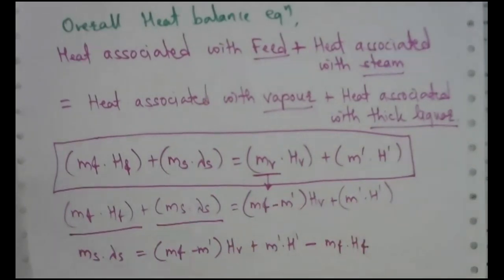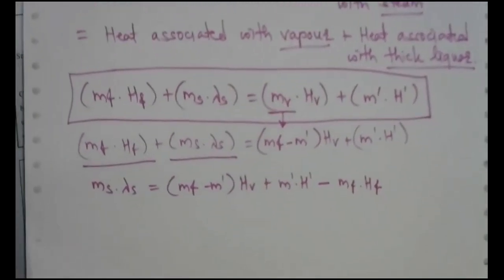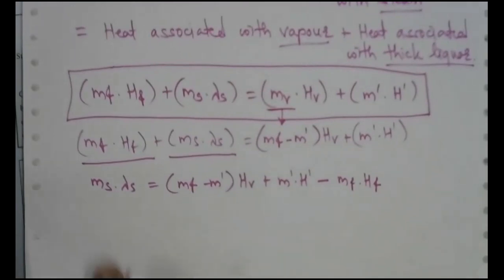So this is the simple rearrangement of the equation for keeping ms lambda s on the left hand side, right? Because in some of the numerical problems, they are going to ask about the mass flow rate of steam. So with this equation, you can calculate the mass flow rate also.